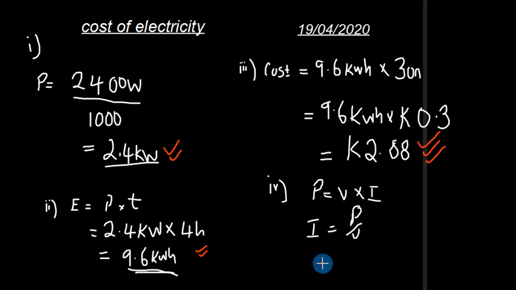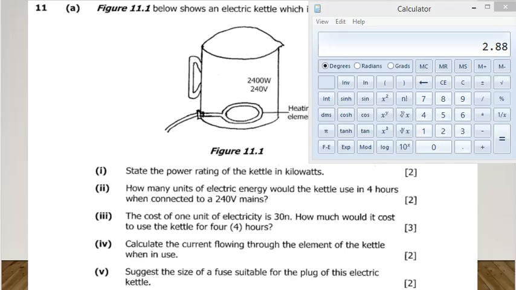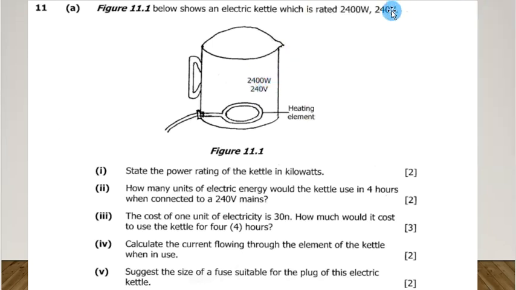So our power is going to be the 2400 watts we were given in the initial stage. Then we divide this by the voltage, and we were given the voltage of the appliance, if you remember, but we can go back to check. What I remember is that it was 240 volts. It's there, it's even there in the equation, 240 volts.